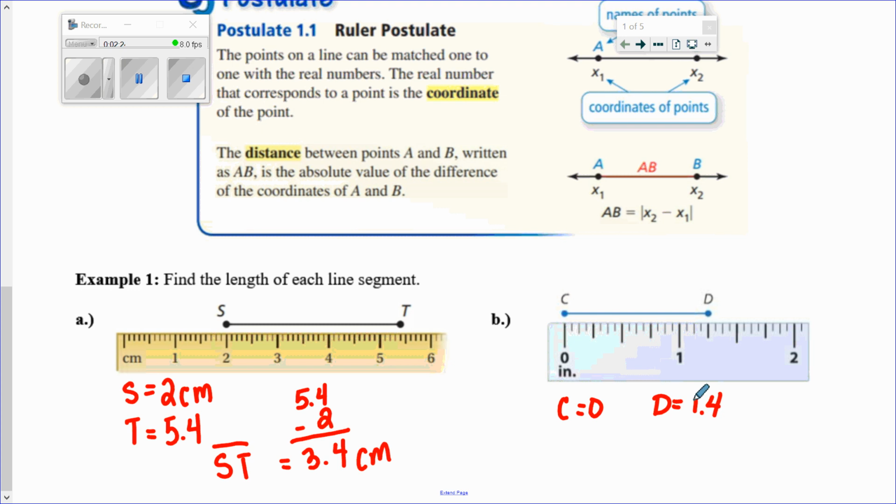I'm just going to subtract them again to find the distance between them. 1.4 minus 0 is 1.4. So our segment CD has a length of 1.4 inches. We use whatever unit is given to us. Okay? First one, not so bad.